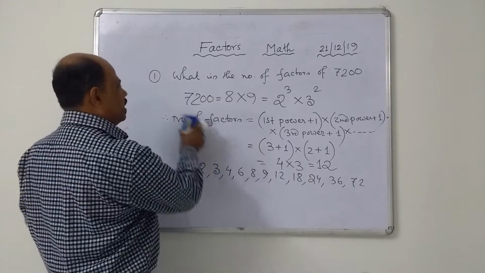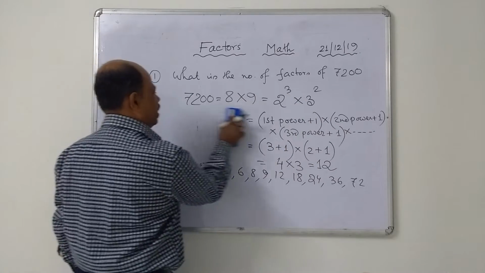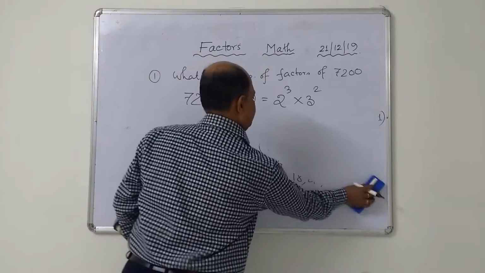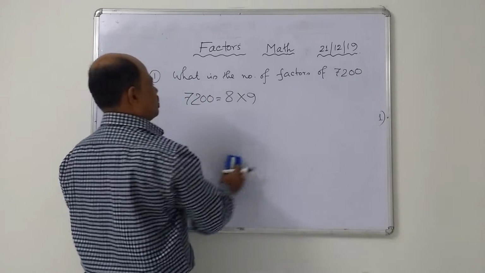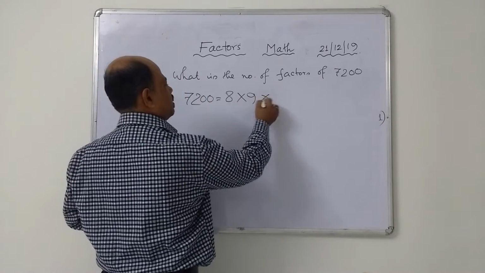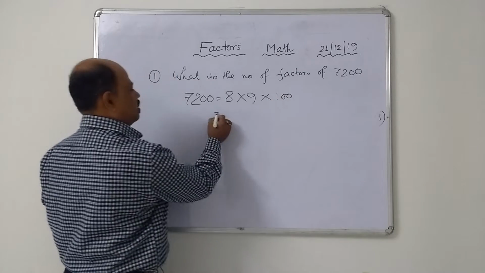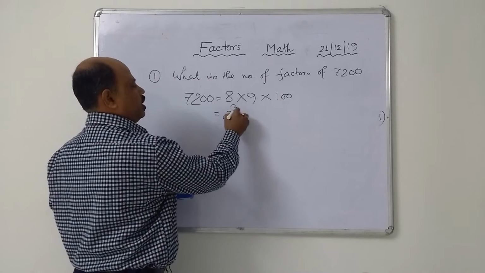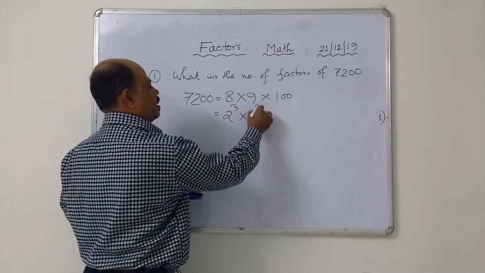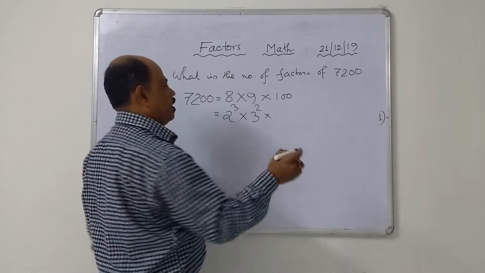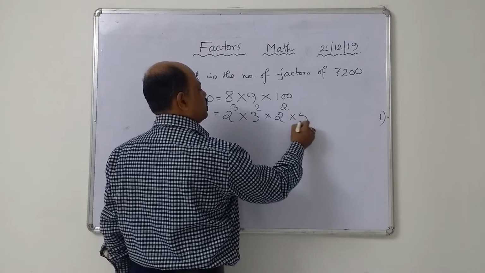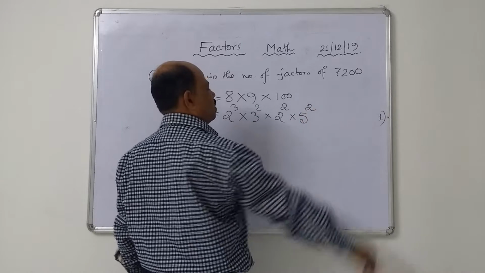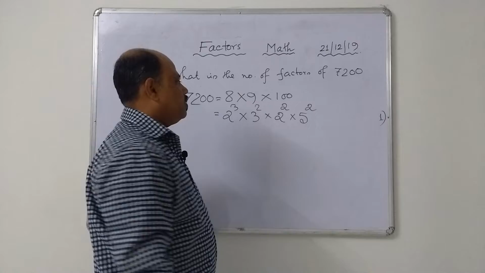7200 can be written in this way: 8 into 9 into 100. That means 2 cube, 3 square, and 100 can be written as 2 to the power 2 into 5 to the power 2.